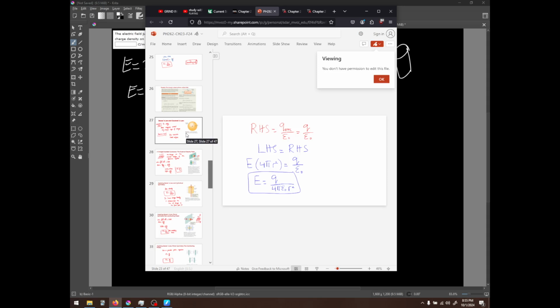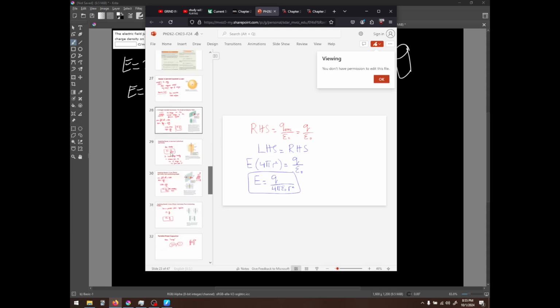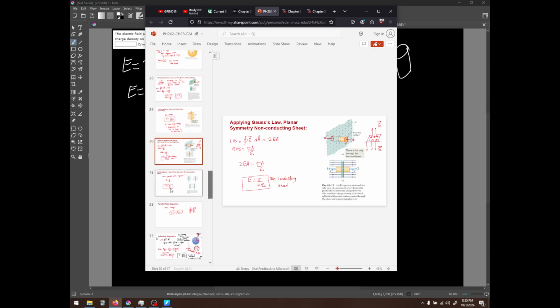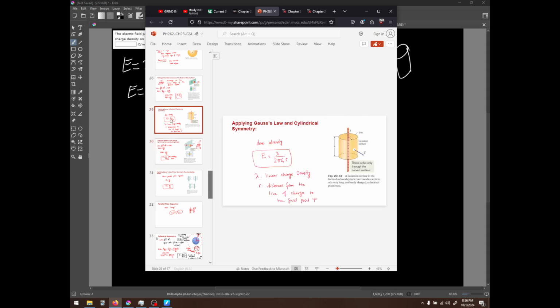Oh boy. E equals Q over 4 pi epsilon 0, which is just K, KQ over R squared. It's just that all over again. E 4 pi R squared. I don't have R. I don't have R. E equals charge. That's for a sheet.